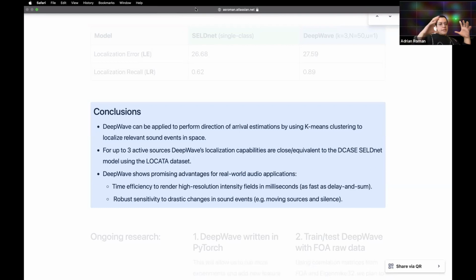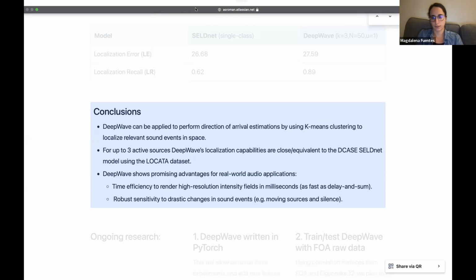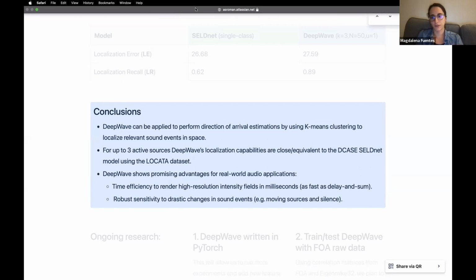And this other model gives you the sound intensities, and from those, DeepWave trains, having that as the ground truth. Does that make sense? Okay, so not directly the annotations, but another model that's inferring the positions and giving that to DeepWave to learn those mappings.